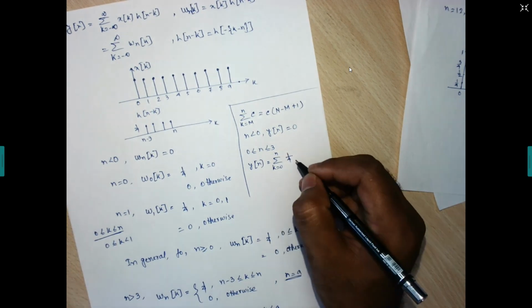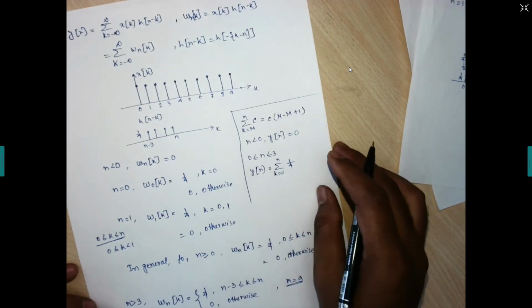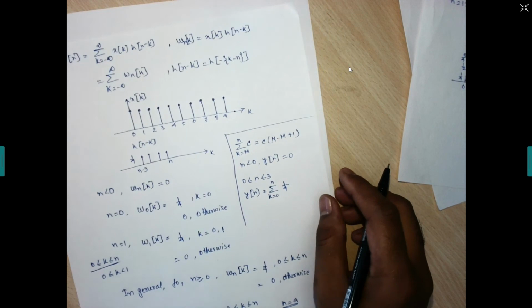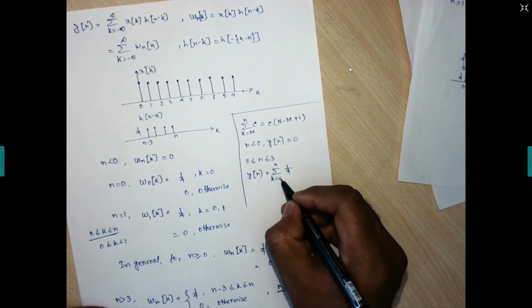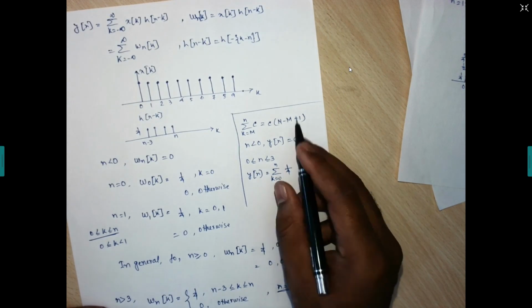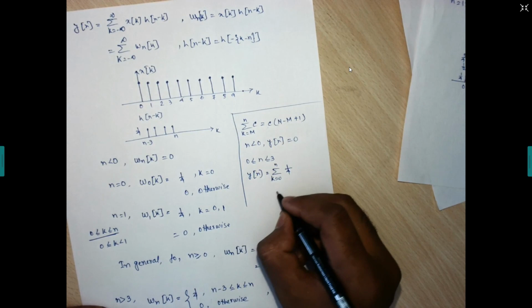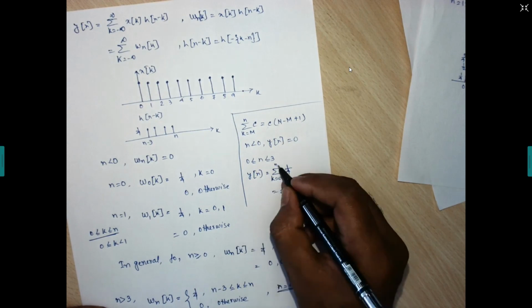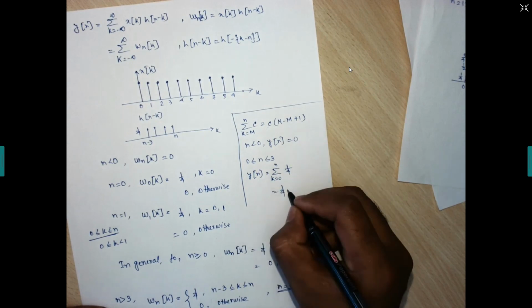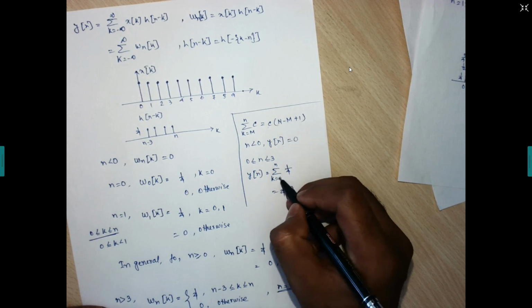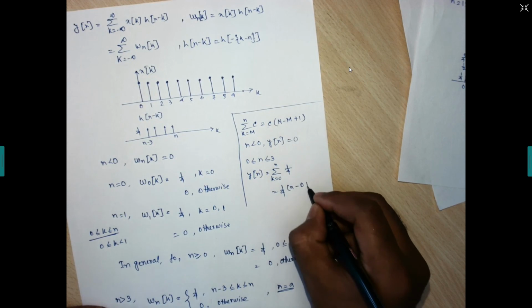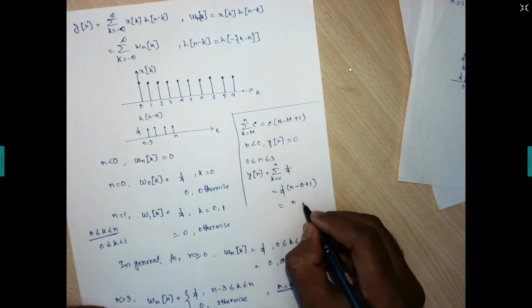So what we can write? That is n plus 1 by 4, right? If we put in this expression, 1 by 4 will come, then n value is 0 for this case, that is 0 plus 1.